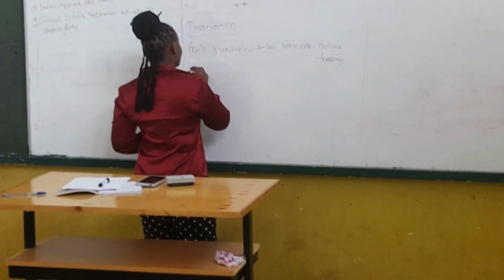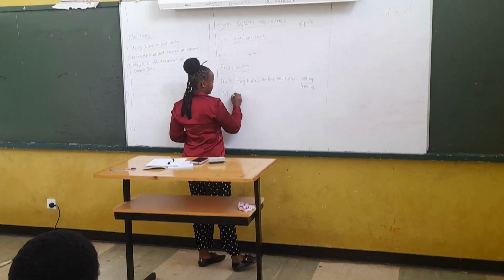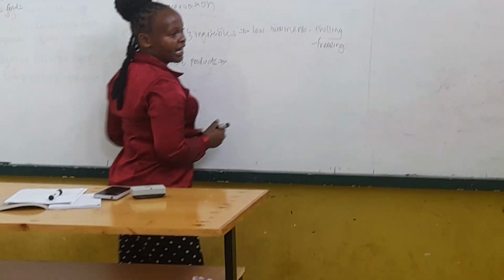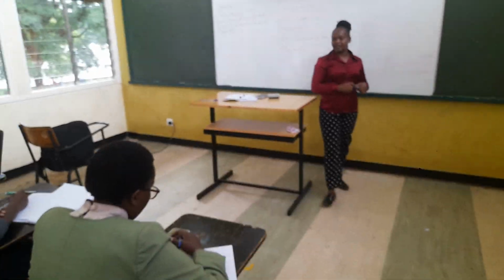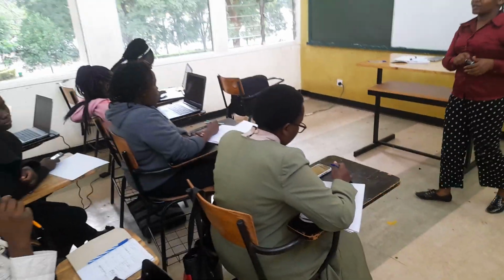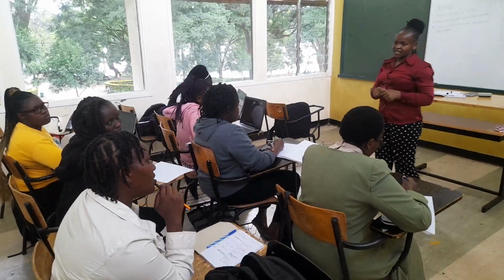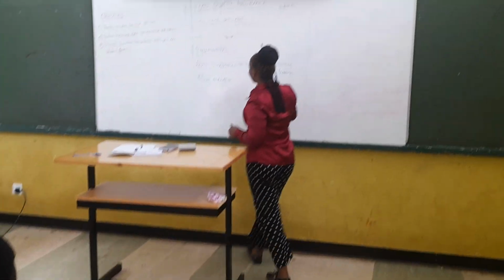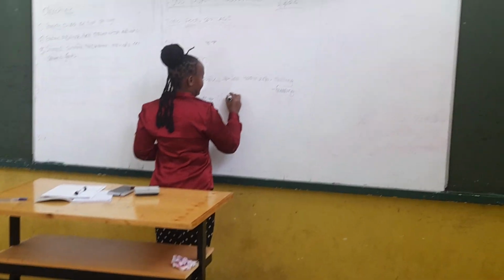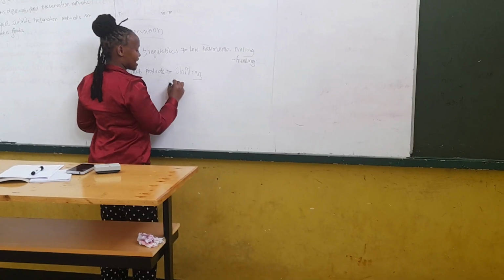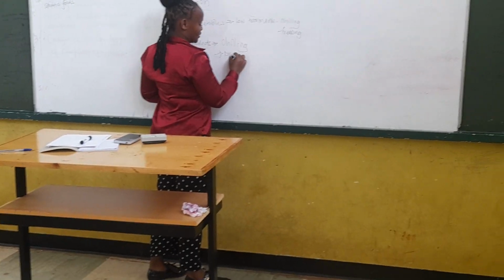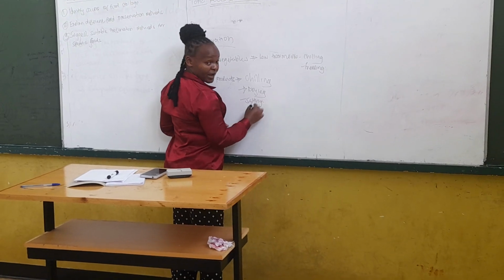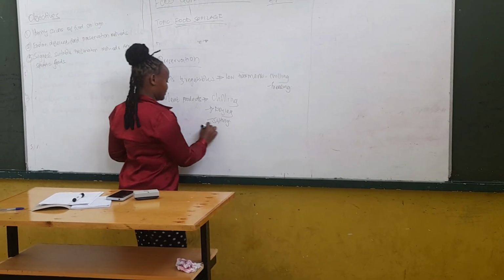When it comes to meat products, Monica, what is the general preservation method for meat products? Chilling as well. Yes, chilling. The traditional methods we all know: drying, salting. We also have canning.